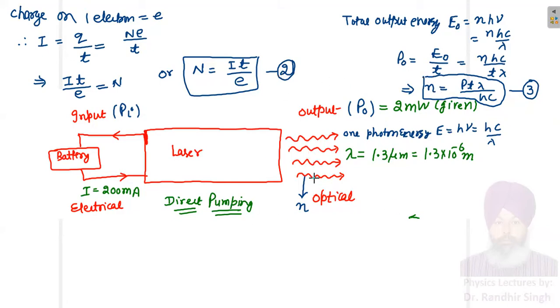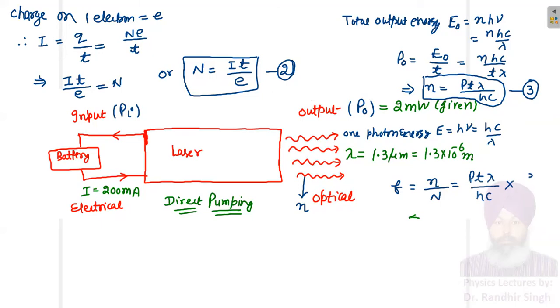Let us now find the fraction of injected charges which will be giving us laser light. That fraction is actually small n upon capital N. If I put the values of small n and capital N, this will become P0 t lambda upon hc, and capital N will be put from equation number 2.